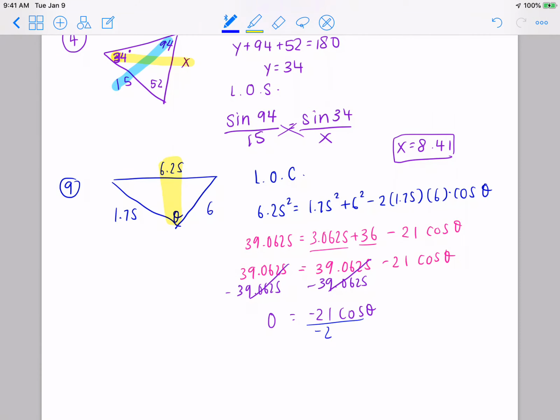Divide both sides by negative 21. Cross that out. That's going to be 0 equals cosine theta. That doesn't mean that your theta is going to be 0. So do your inverse cosine on both sides. Put it in your calculator. You would see that theta actually equals 90 degrees.